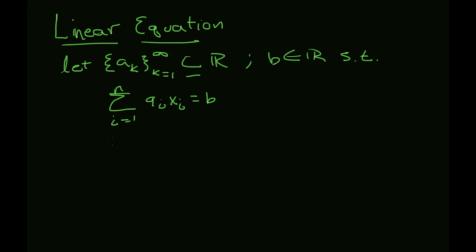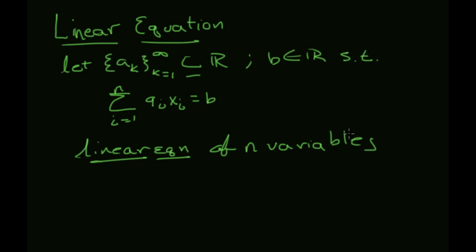Okay, so basically we're adding up a bunch of constants in front of variables, and that's going to get me to some constant. So we say that this is a linear equation of n variables. This sequence up here, we call these the coefficients.